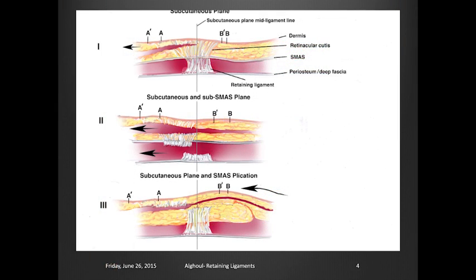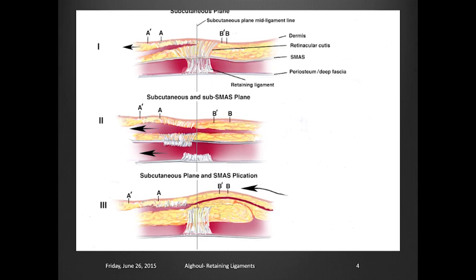If you're doing a subcutaneous facelift, you really need to divide the retaining ligaments in the subcutaneous plane. While if you're doing a dual plane or subcutaneous sub-SMAS facelift, you will have to divide the ligament both in a subcutaneous plane and a deep SMAS or the sub-SMAS plane.